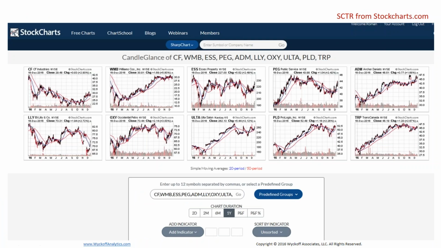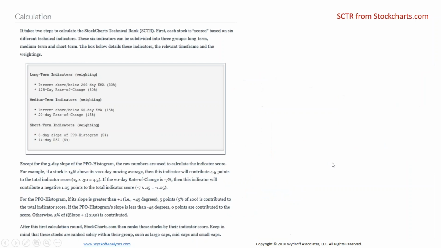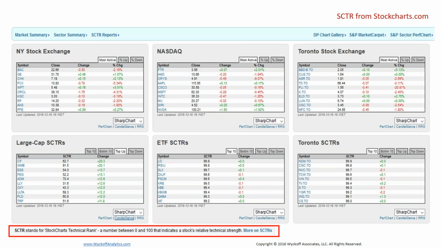And what it also does, it gives you different ways of how you look at the top 10. Usually I would go first to, let's say, this area right here, large caps, and I would look at the top 10, and then I would look at the candle glance. And the candle glance just basically gives me the charts with candle charts, and the glance is going to give me like the top 10. And if I want the whole list, I can go to the whole list.